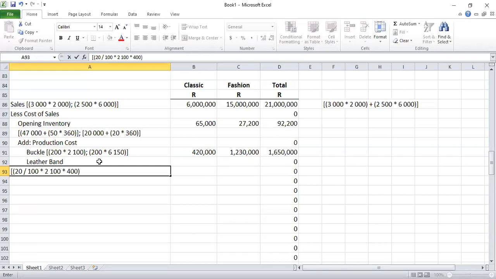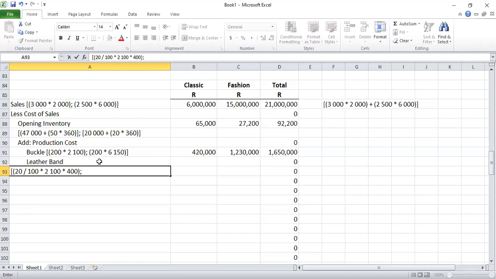The 20 is the centimeters required per unit. The divide by 100 is to convert the centimeters to meters. The 2,100 is the number of units. Remember, the 20 centimeters is per unit. And the 400 is the price per meter. Right.